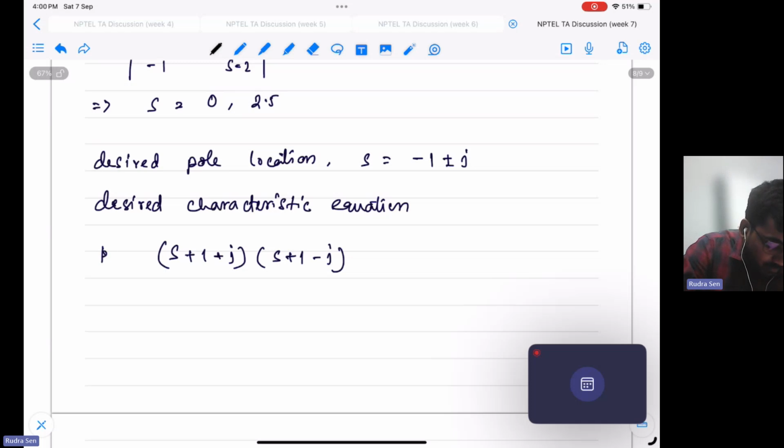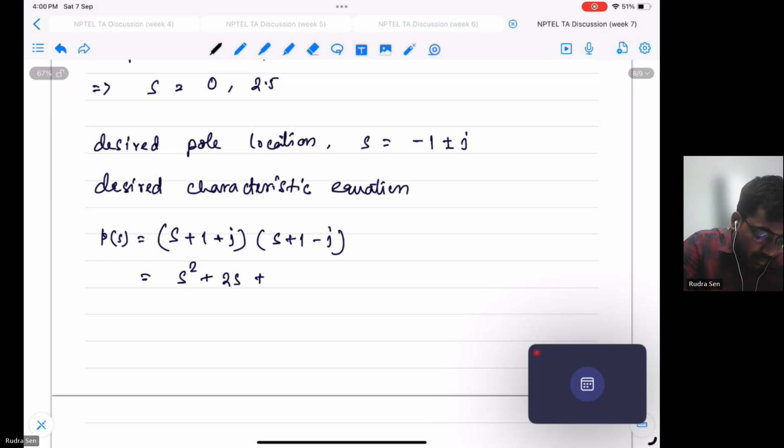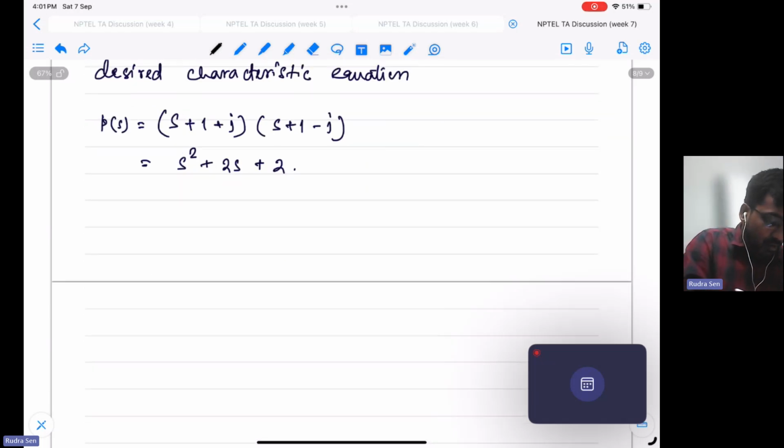Let's say I am writing it as P of s. Expanding, this is s square plus 2s plus 2, since the j terms cancel out. This is my desired characteristic equation. Now I want the closed loop poles to lie in this region. This is the first procedure.